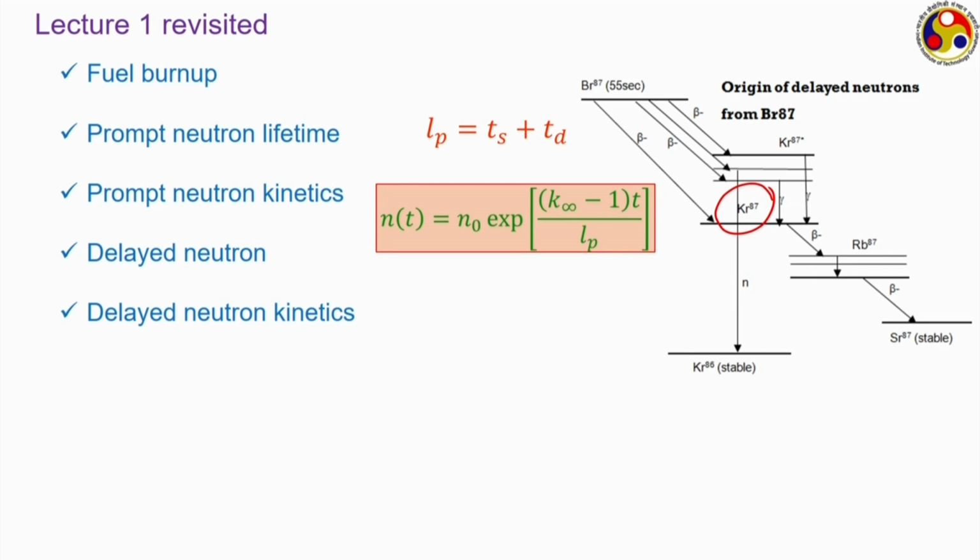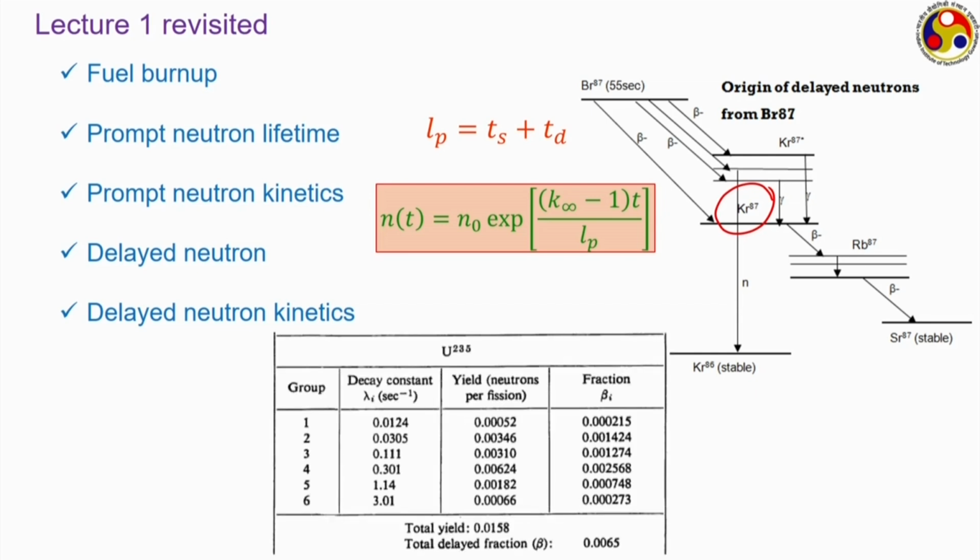And then we went to the delayed neutron kinetics, which we only started in the previous lecture. As a part of the delayed neutron kinetics, we have adopted a 6 group model. Basically, there can be so many delayed neutrons appearing following the chain of a single fission reaction.